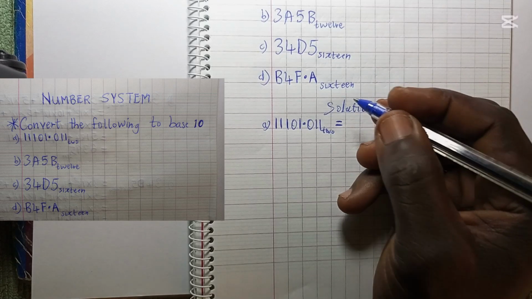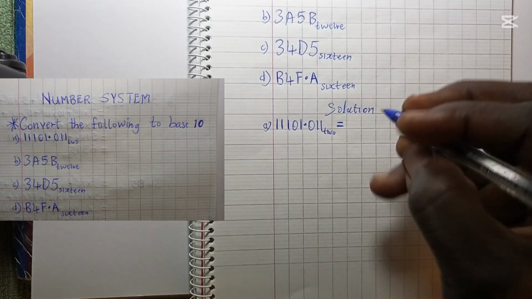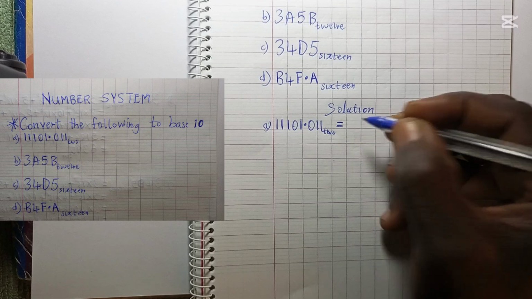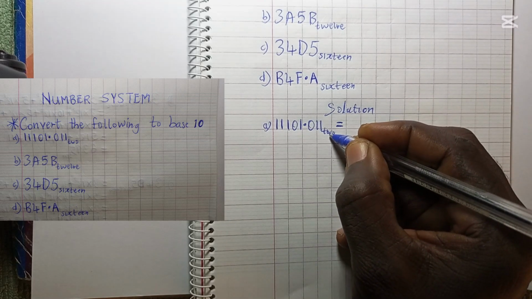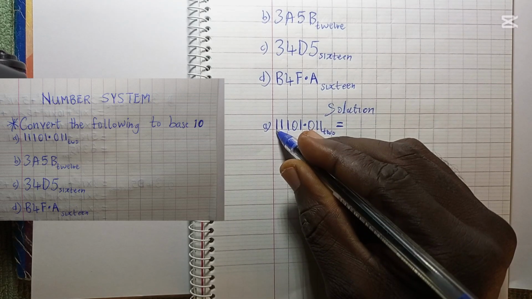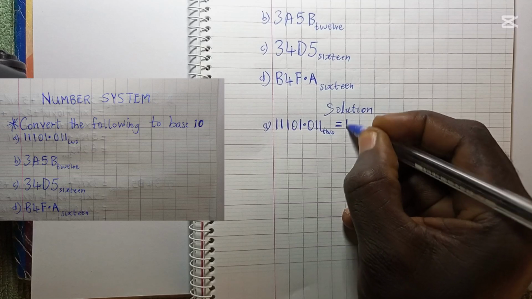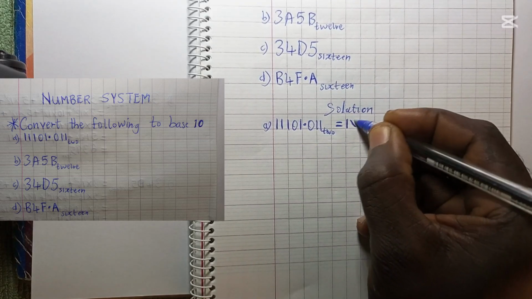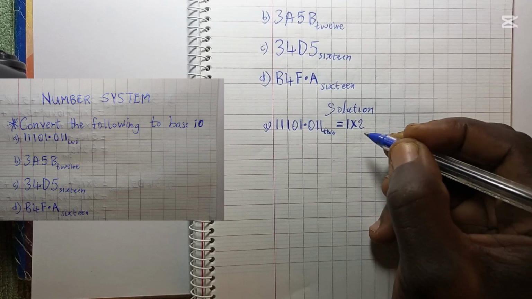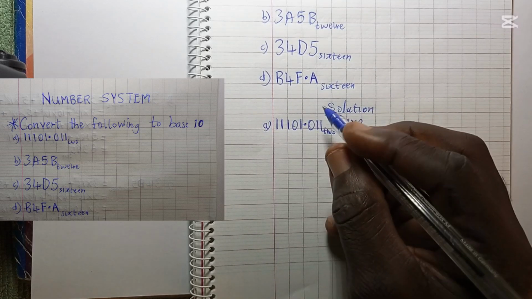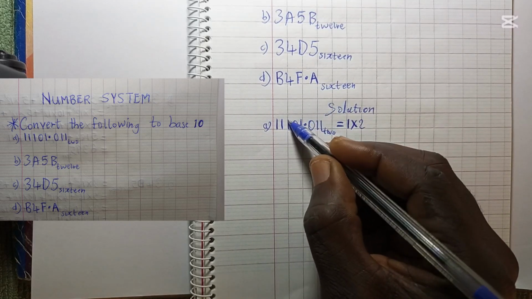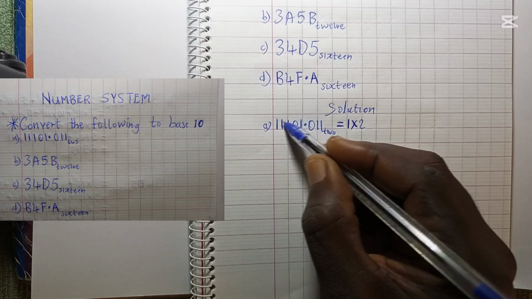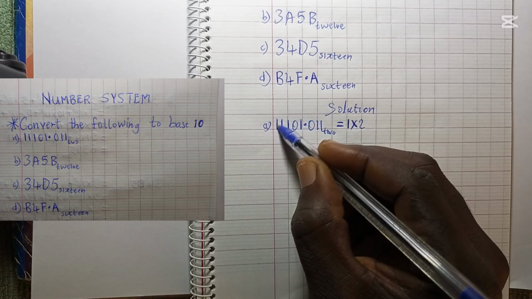Now, converting to base 10 from base 2, because we're working in base 2, we'll take this 1 here, write it here, 1 times 2, and we'll raise it to the power of 4, because we have 4 numbers at the back of this one.